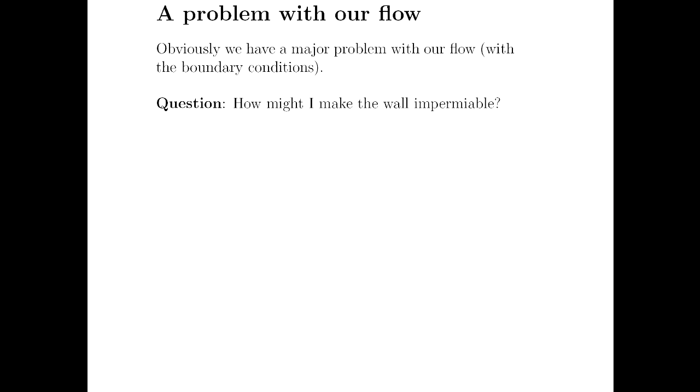Now, we want to make our floor impermeable, right? Basically, there's no normal velocity in or out from the wall. Okay, and how do you think we can achieve this? Right, so the short answer is the method of images.